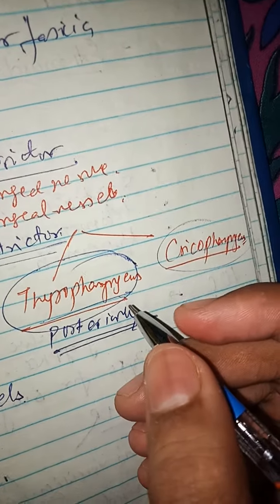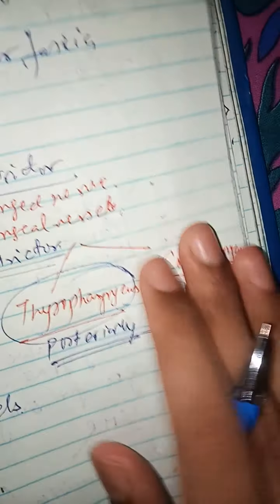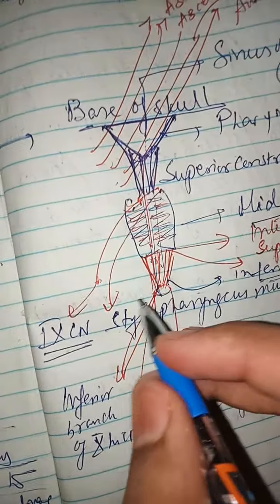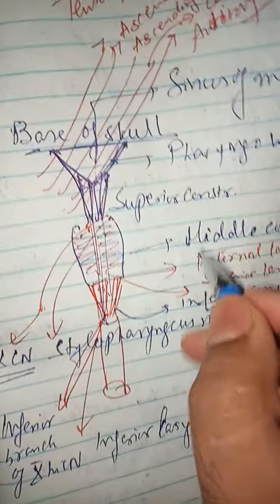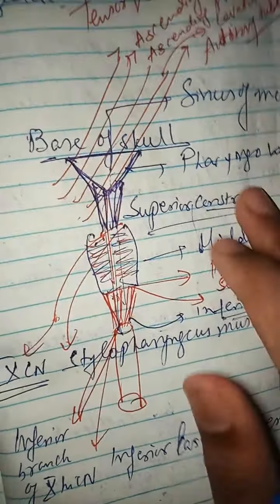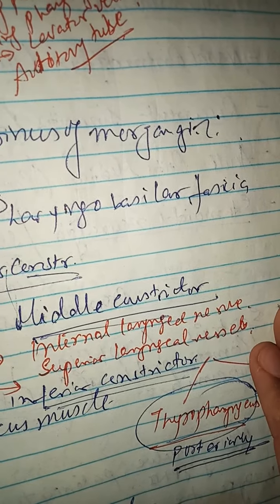The lower part of the thyropharyngeus is a single sheet-like muscle, not overlapped internally by the superior and the middle constrictor.